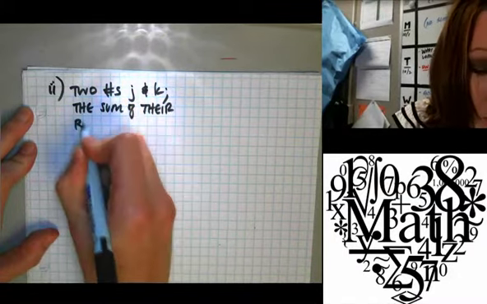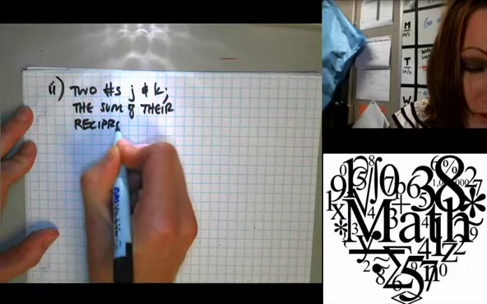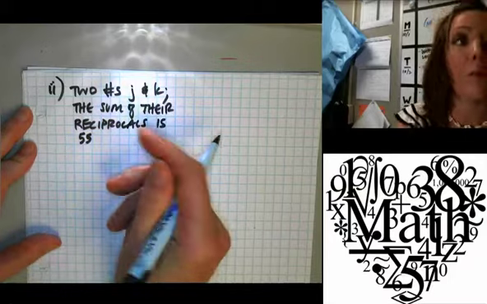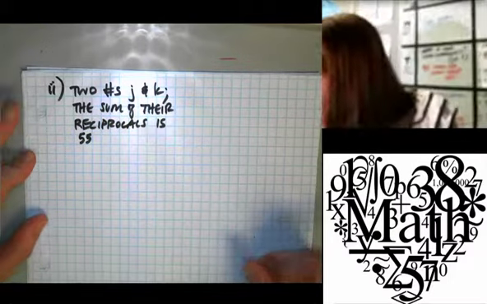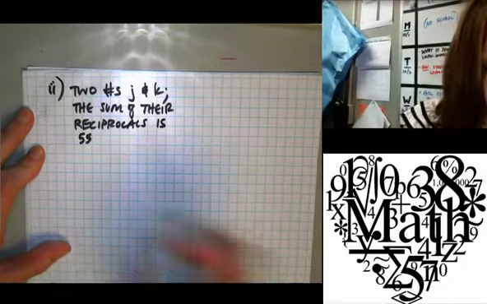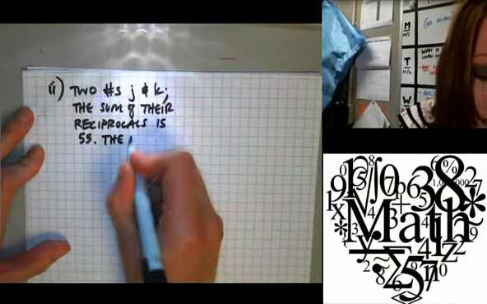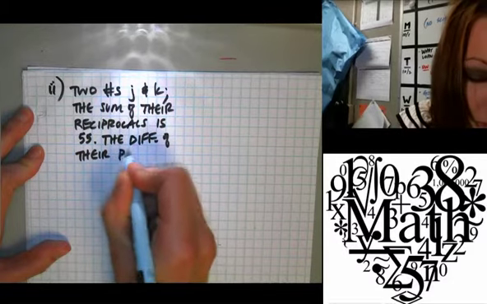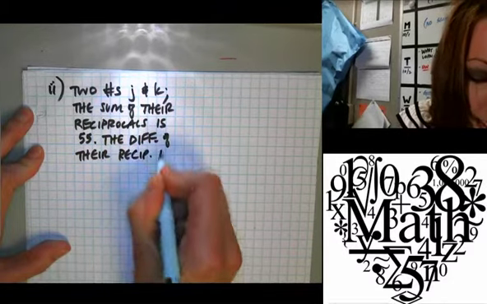Reciprocals. That means there are fractions. Aren't you glad we don't have to solve these? Yes. Okay. The difference of their reciprocals is 71.